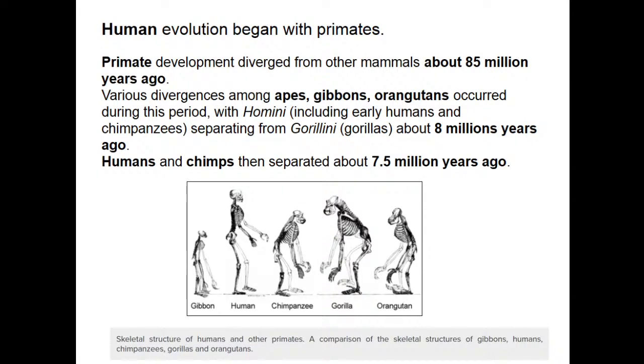Primates diverged from other mammals about 18.5 million years ago. Among apes, gibbons and orangutans diverged near 8 million years ago. Humans and chimps diverged 7.5 million years ago.